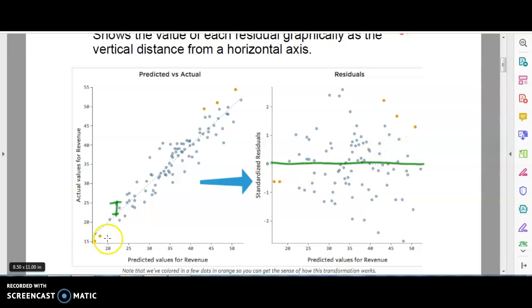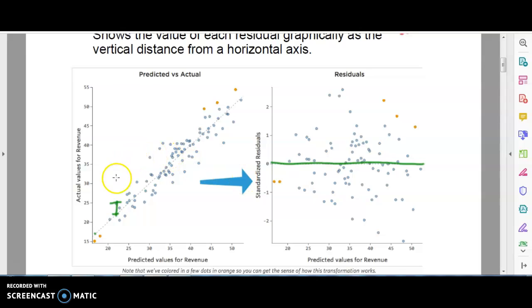Same here. You can see these 2 points are below the line of best fit. It's hard to tell exact numbers, but that distance there, and then the second point in yellow, that distance there is what's being represented by these 2 yellow points here on the residual plot.